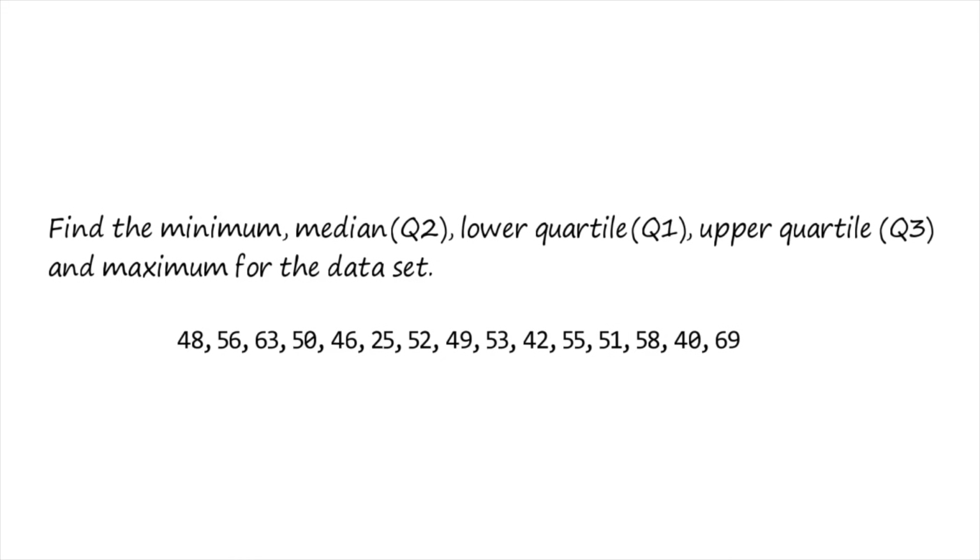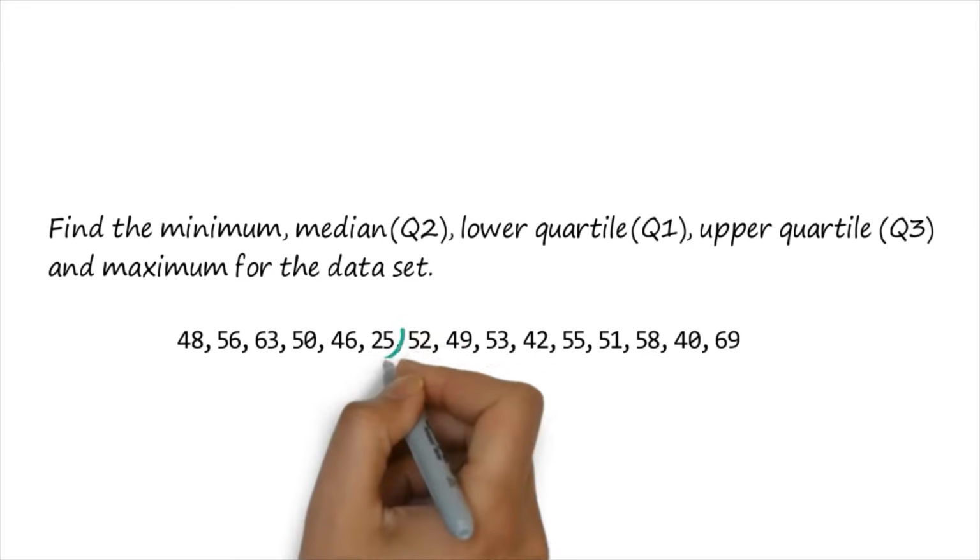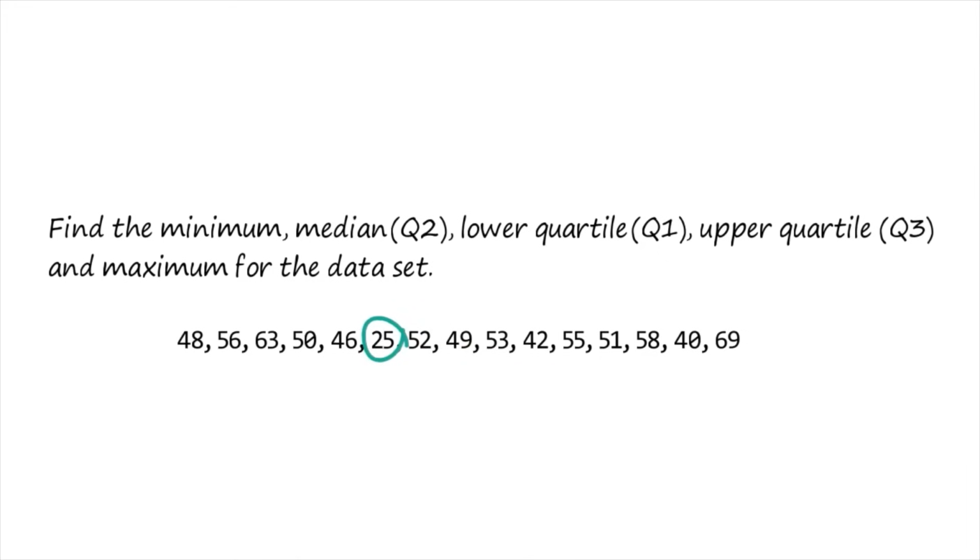So now what do we have to do? Say we have lots of tasks to apply on this data set, but whenever we are talking about calculating IQR, the first thing is we have to arrange the data, starting from the lowest to the highest one. If you arrange this data set, the minimum is 25. So I'm just arranging the data.